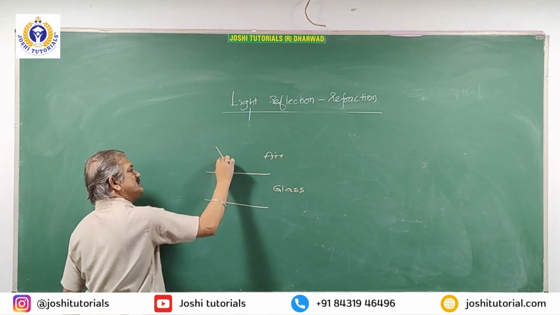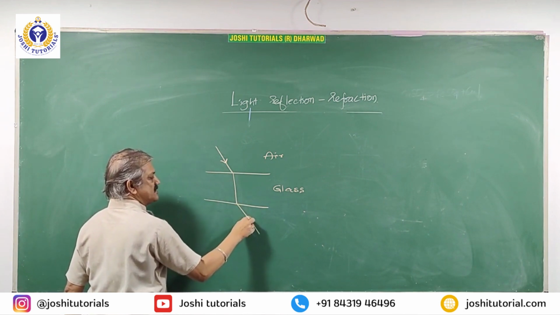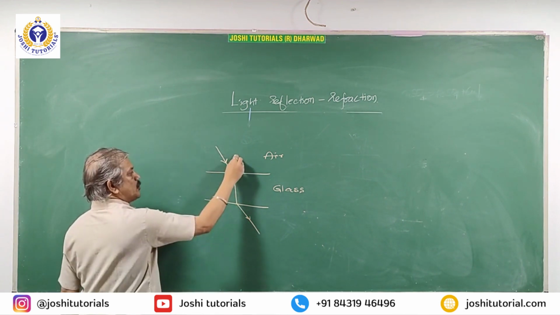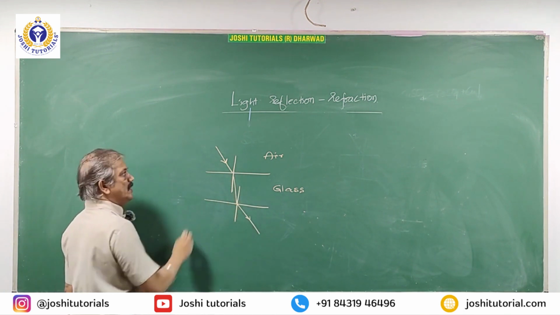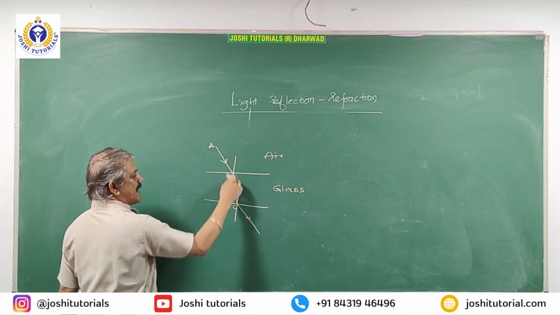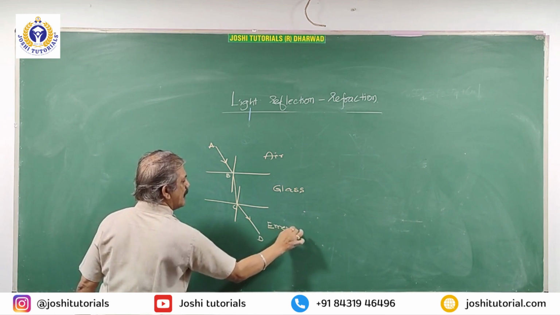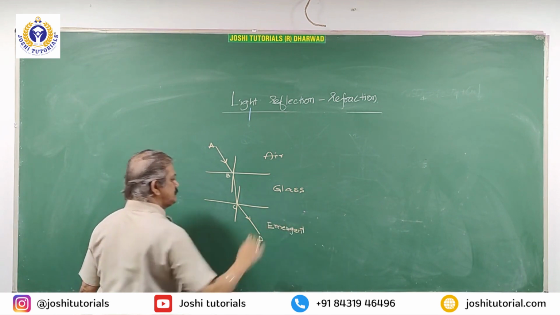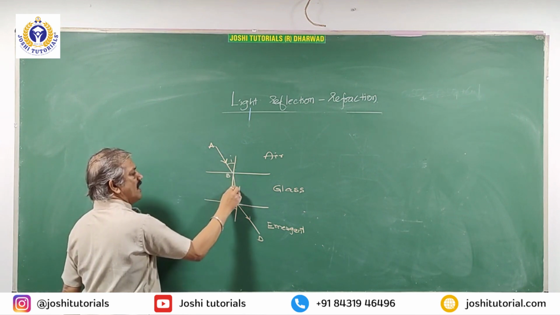A ray of light travels, bends, and again travels. There are 2 normals I have drawn. It is the incident ray, it is the refracted ray, it is the emergent ray. It is I, it is R.